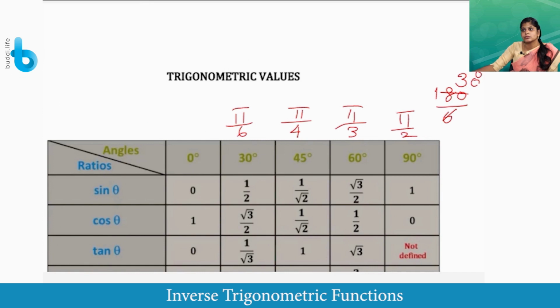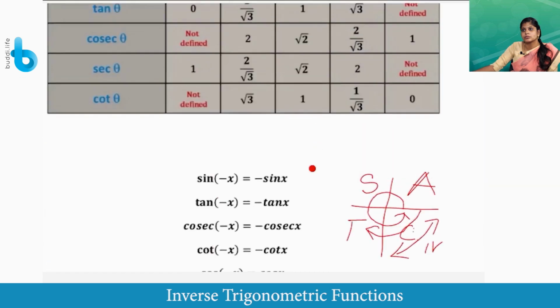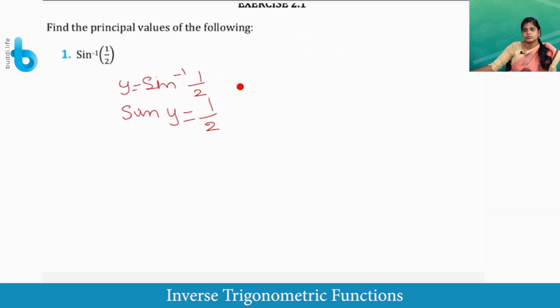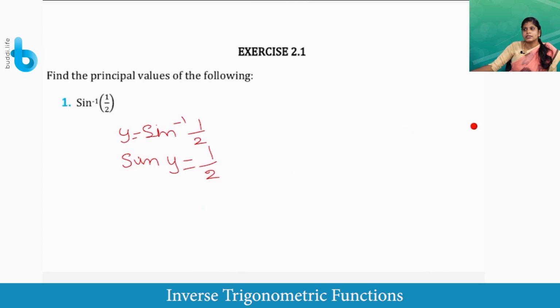Angle 30 degree. So sine 30 degree is 1 by 2, and 30 degree is pi by 6.